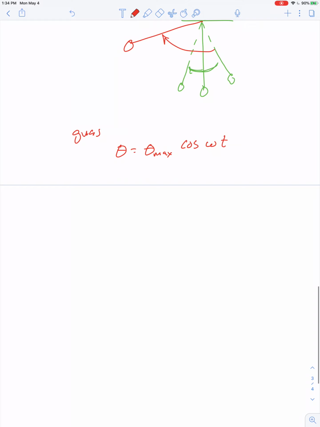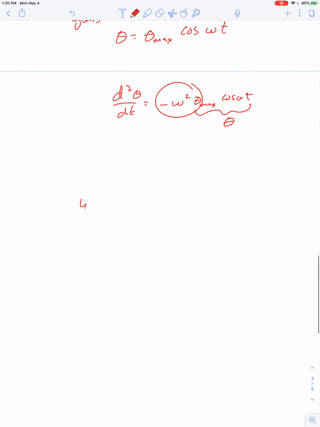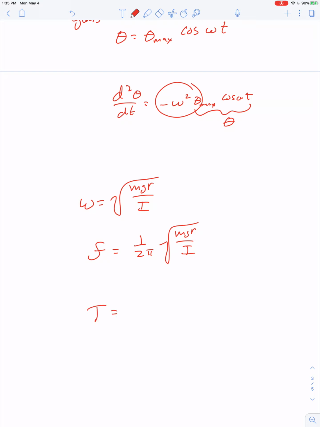By the time we take the second derivative of this expression, we get negative omega squared theta max cosine omega t, but all of that is just theta, so everything is fine and good as long as omega squared is mgr over I. So omega must be the square root of mgr over I, which means frequency must be 1 over 2 pi times the square root of mgr over I, which means period must be 2 pi times the square root of I over mgr.